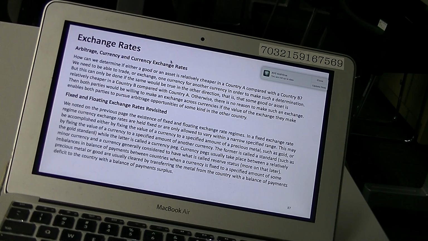One of the important things about arbitrage is that if you have three countries, let's say Japan, U.S., and the euro, actually three currencies, Japan, U.S., and the euro, and let's say the yen to the dollar is 100, let's say they're all 100.